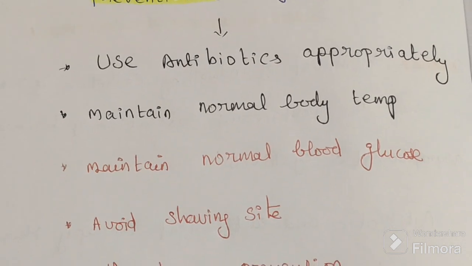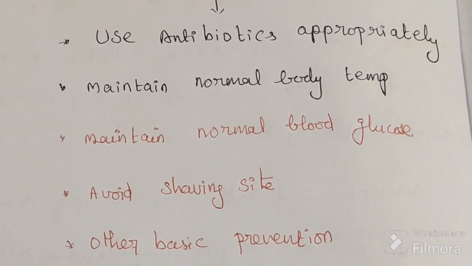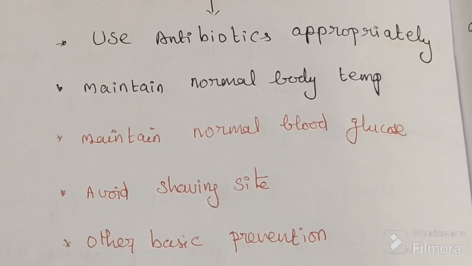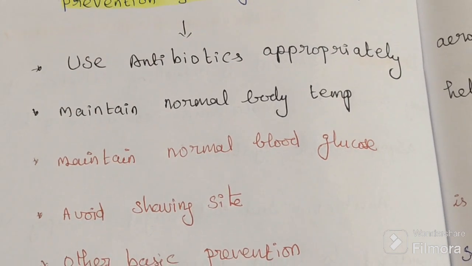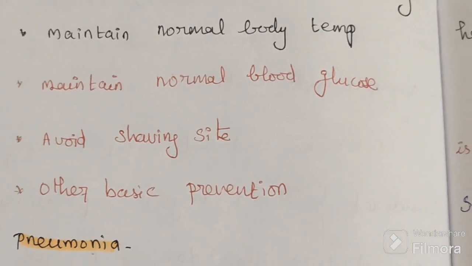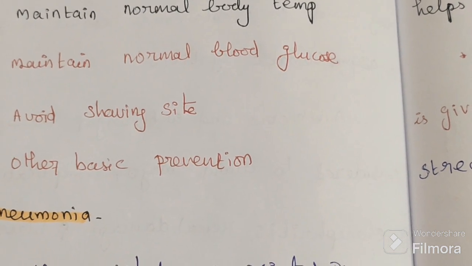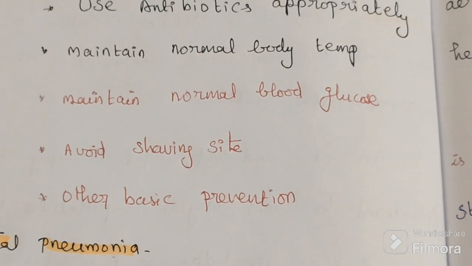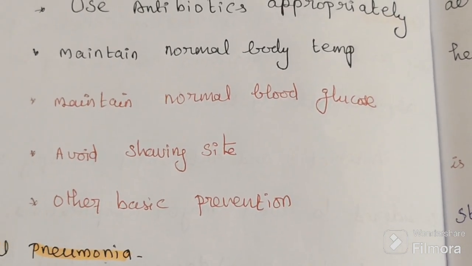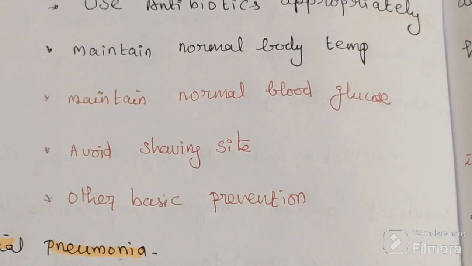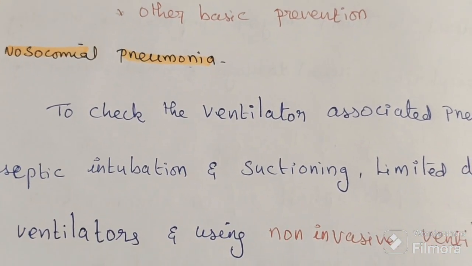Next, prevention of surgical site infection. Surgical site infection should be managed with a combination of surgical care and antibiotic therapy. So here, use of antibiotics appropriately, maintain normal body temperature, maintain normal glucose level, avoid shaving the site, and other basic preventions. Then nosocomial pneumonia.